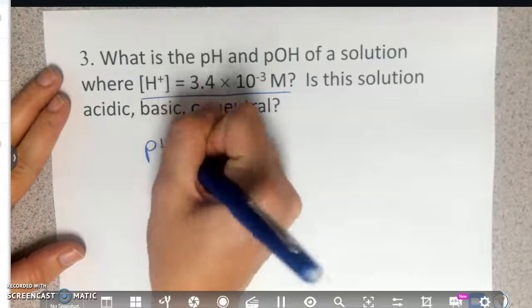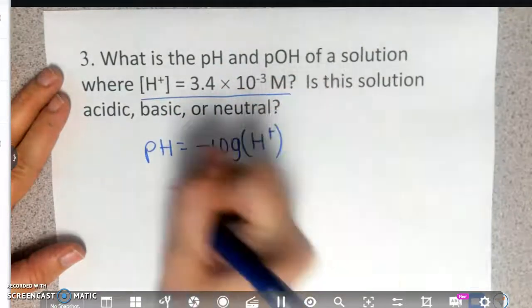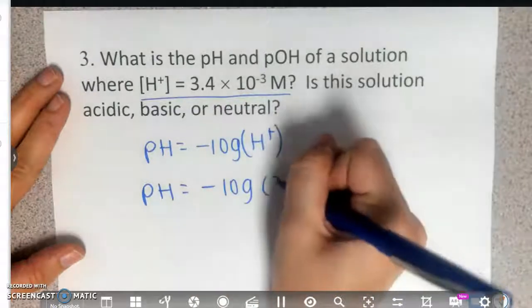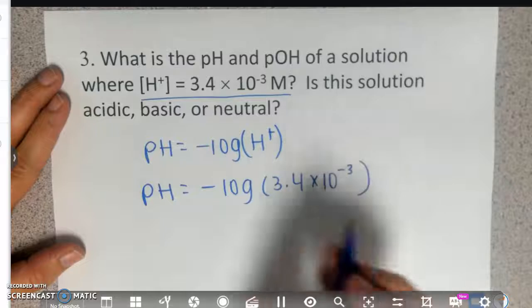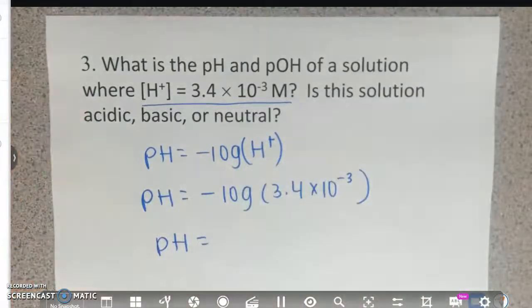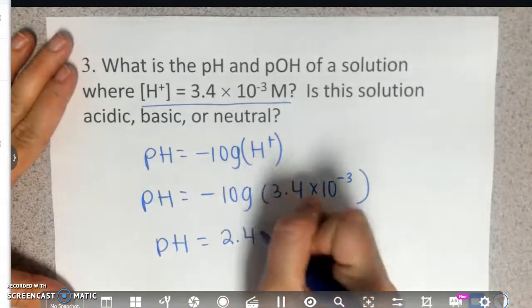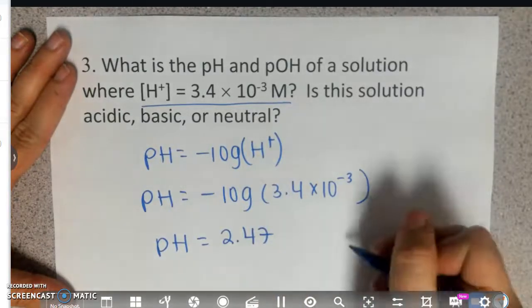So pH equals negative log H+. So pH equals negative log 3.4 times 10 to the negative 3. Make sure you use negative symbol, negative symbol. And I get my pH is, so let me type that in, 2.47.